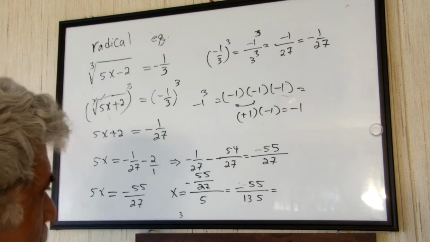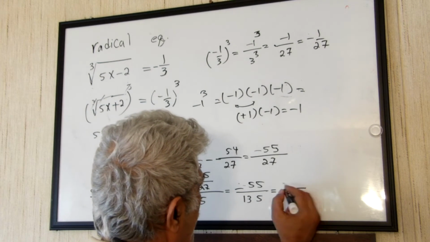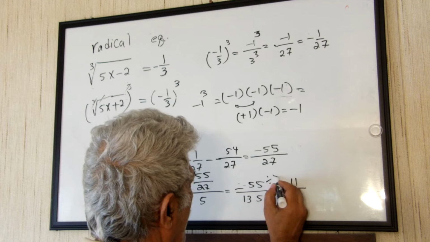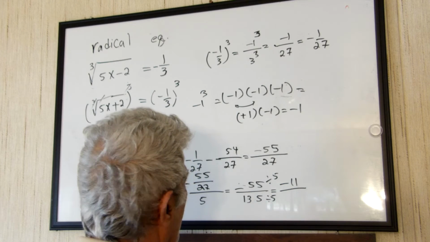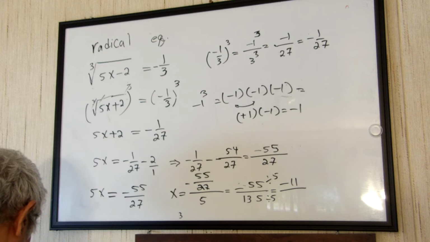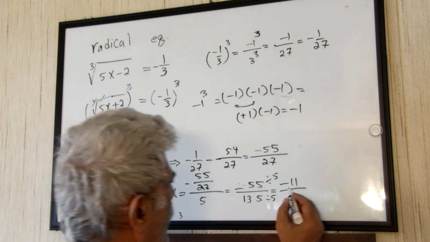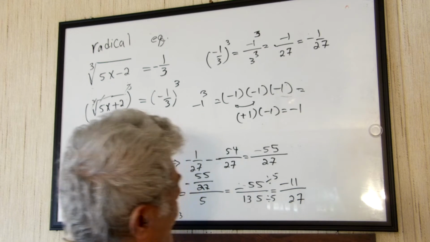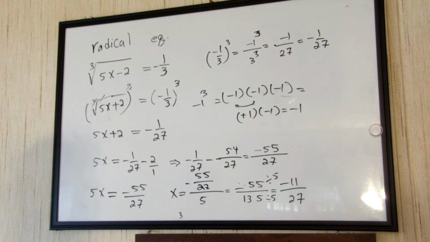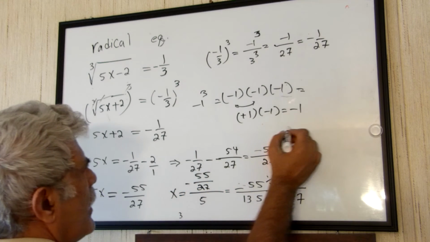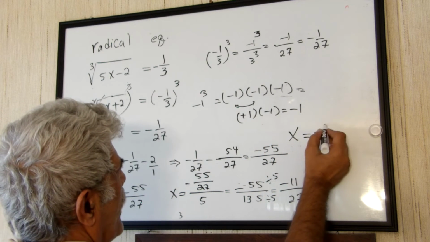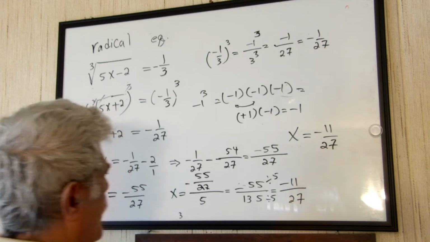Both of them are divisible by 5, so if you divide this one by 5 and this one by 5, it's going to be minus 11 over 27. So x is going to be minus 11 divided by 27.